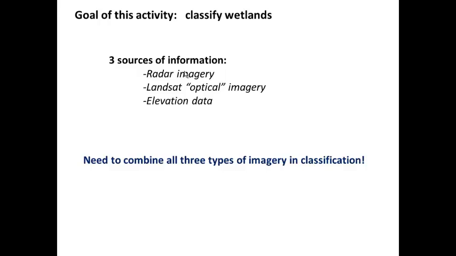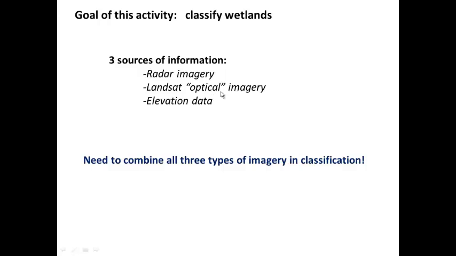If the floor of that forest is very damp and wet, such as would be in a wetland, then we're going to get a particularly strong return off of those pixels. So we're going to combine the strong returns from wetlands in the radar imagery with maybe some unique coloration or infrared absorption in the Landsat imagery.